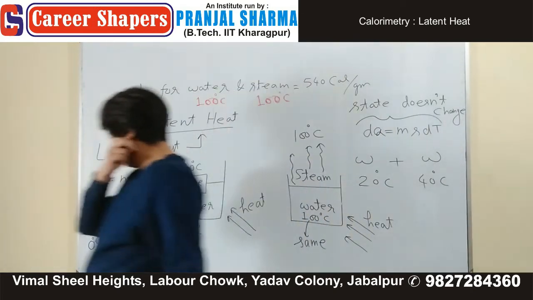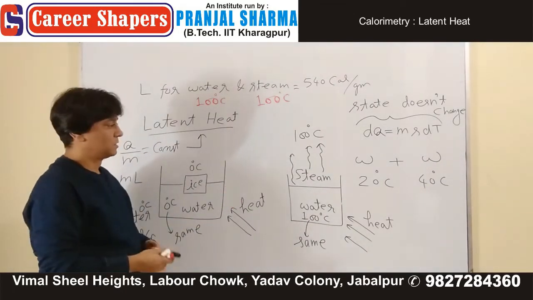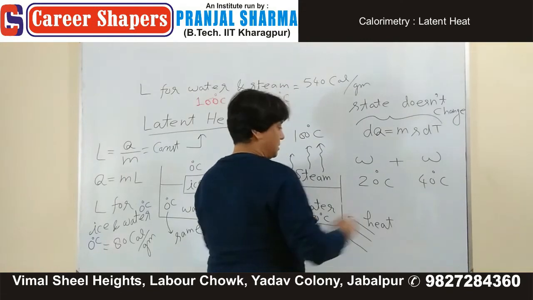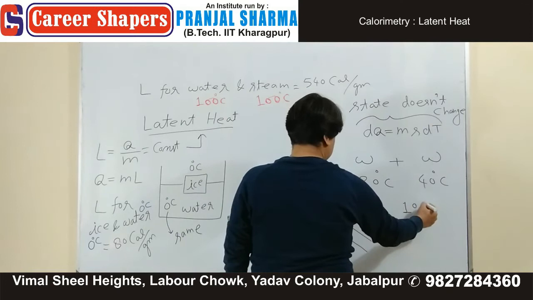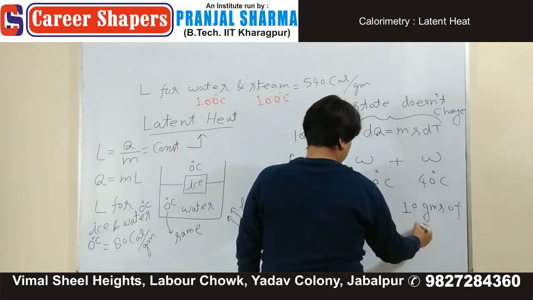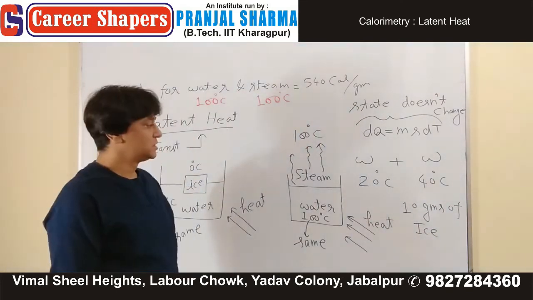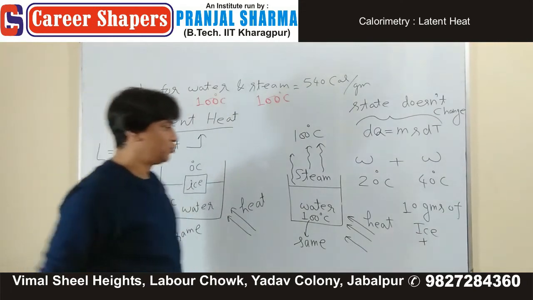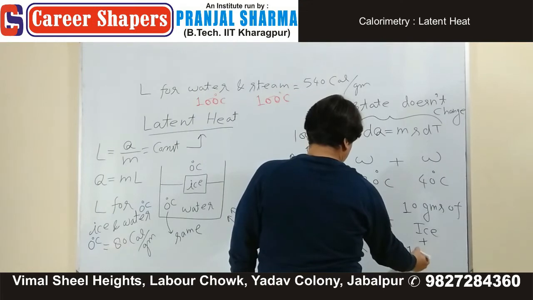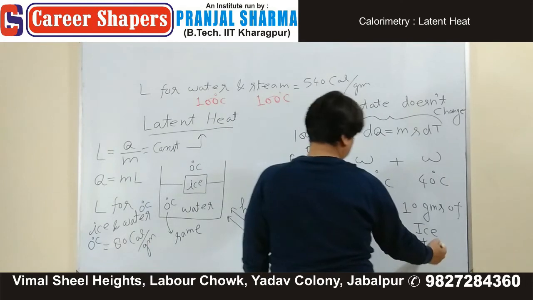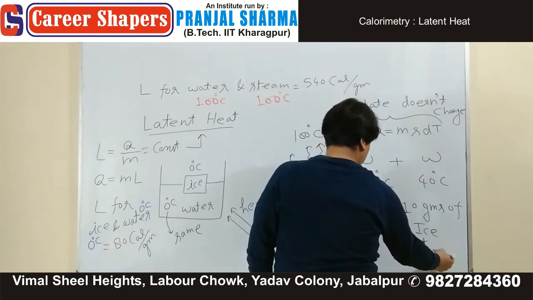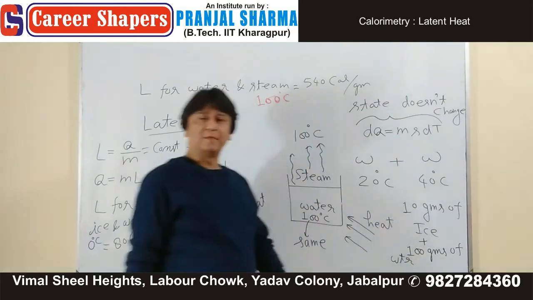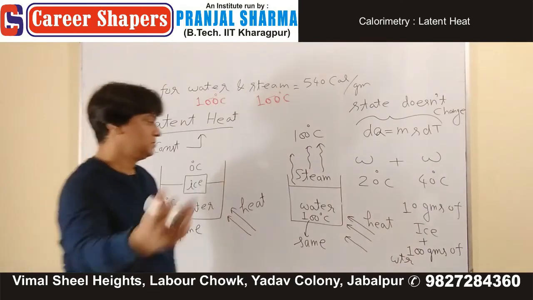Now, to understand the whole thing, let's just note down a question. 10 grams of ice is mixed with 100 grams of water at 70 degrees Celsius.